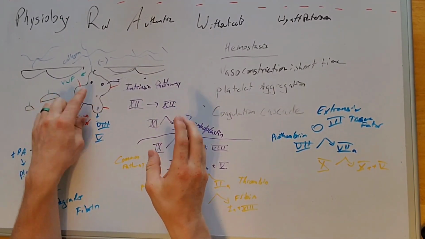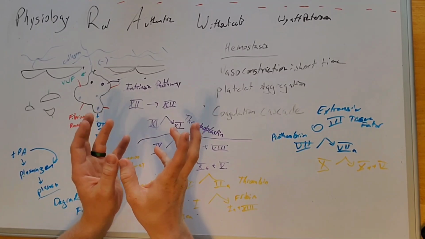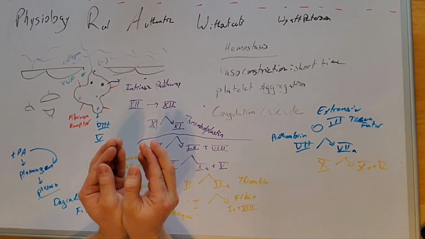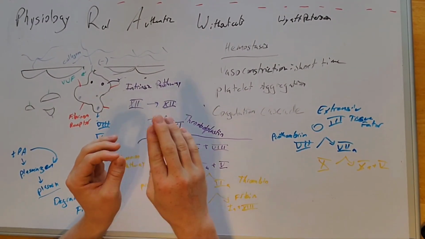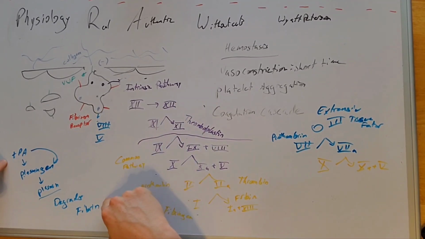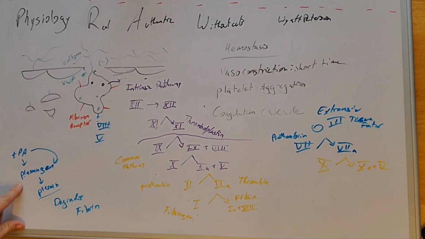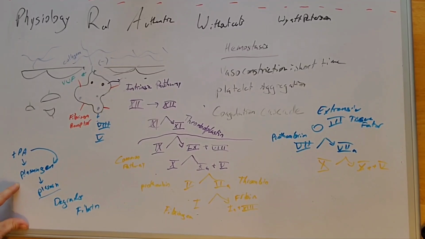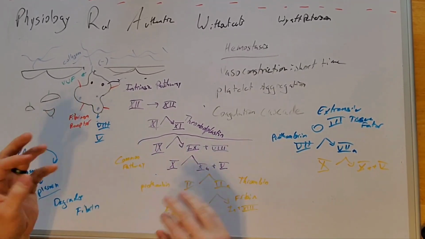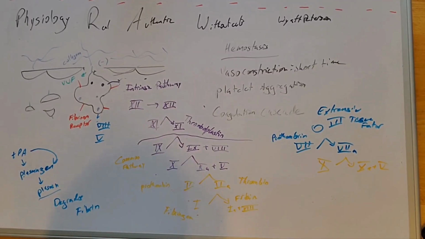The platelets will then contract to make sure everything's nice and tight. And then once that's all good and done, and things are healed up, TPA will be sent out that activates the plasminogen into plasmin, which degrades the fibrin, so everything can be washed away.